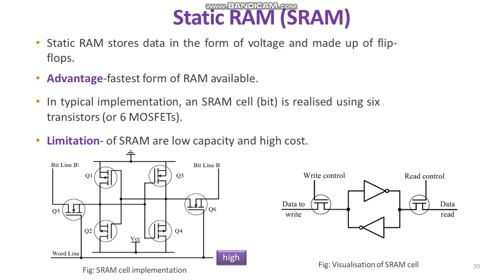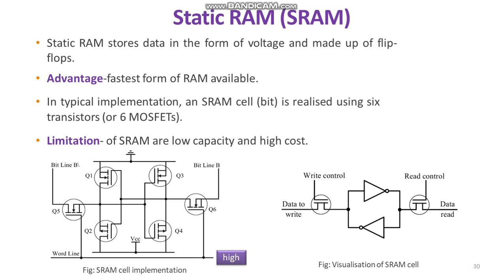It is fast due to its resistive networking and switching capabilities. SRAM is realized using 6 transistors, that is MOSFETs. 4 of the transistors are used for building the flip-flop part of the memory cell and the other 2 for controlling the access. The simplest representation of an SRAM cell can be visualized as shown in the diagram.